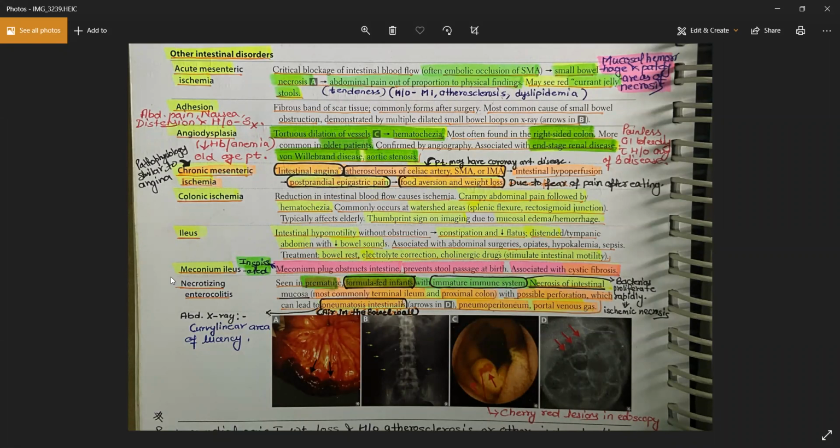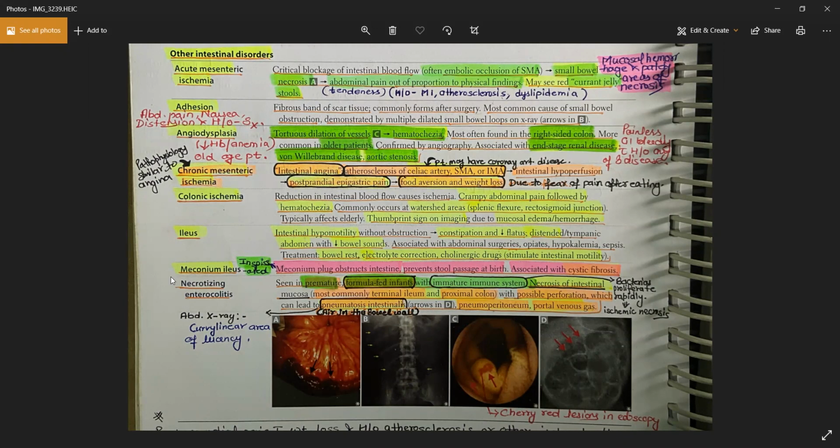Then you have the meconium ileus. Meconium ileus happens whenever the meconium becomes very hard and it blocks your intestine, or the colon. Whenever your stools become very much hard, very much dehydrated, they will block the intestine, and that can cause the meconium ileus.